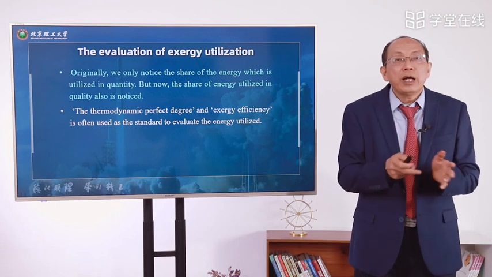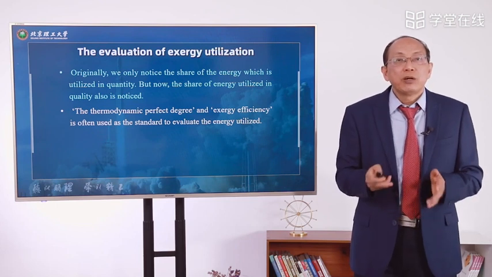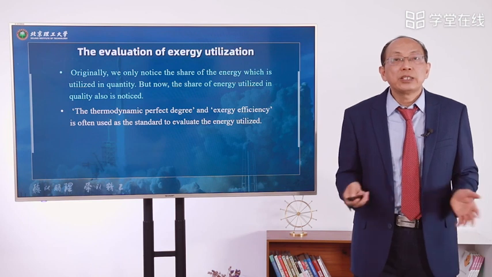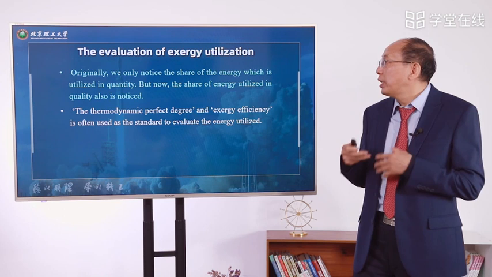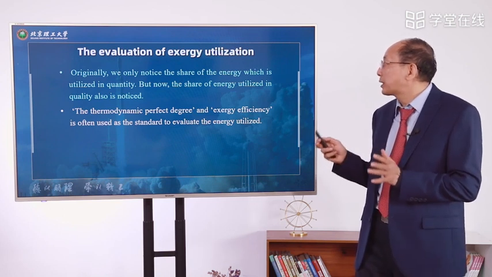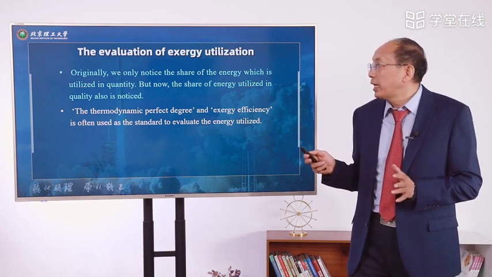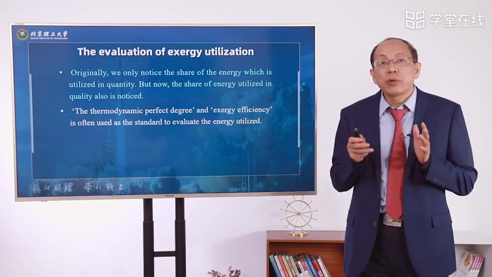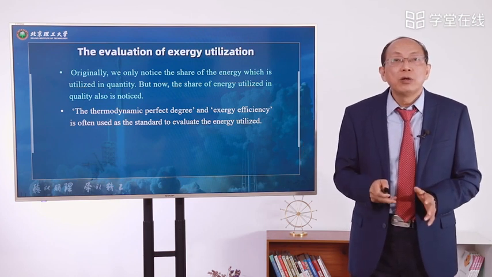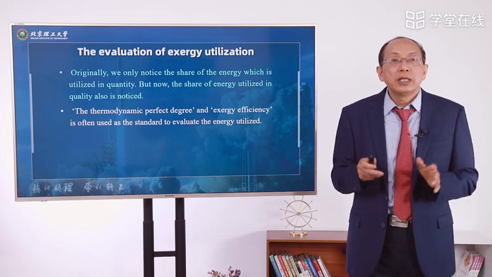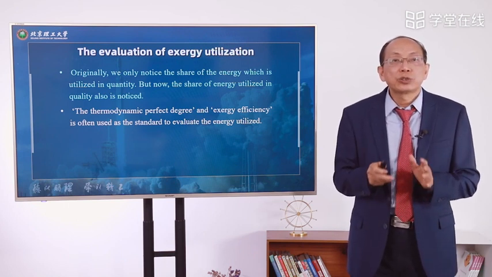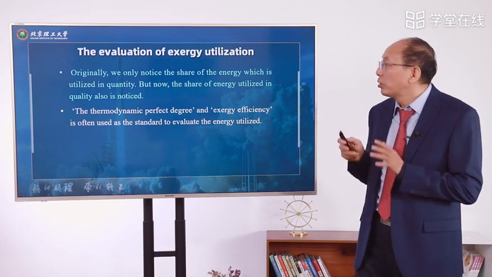The evaluation of exergy utilization. Originally, we only noticed the share of energy which is utilized in quantity, but now the share of energy utilized in quality also is noticed.